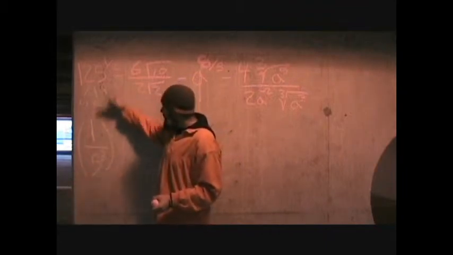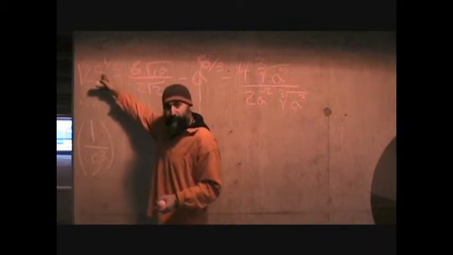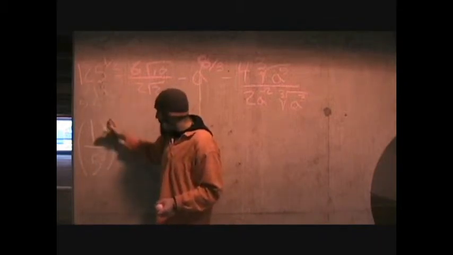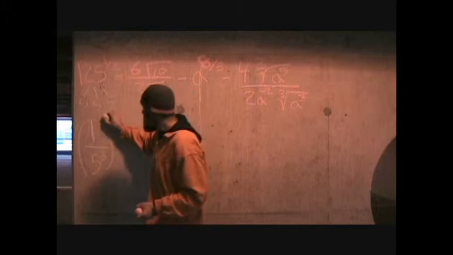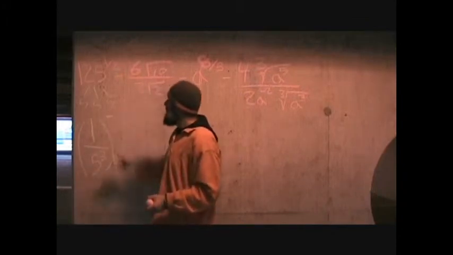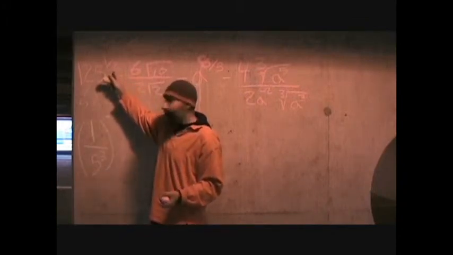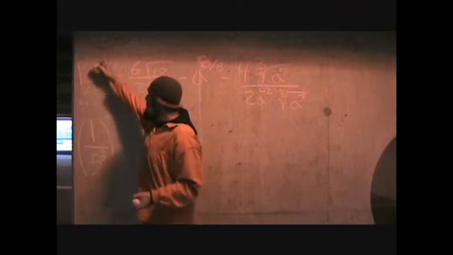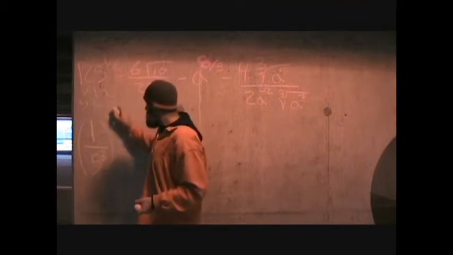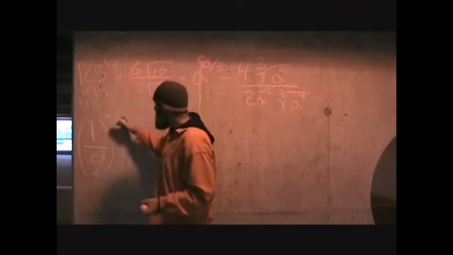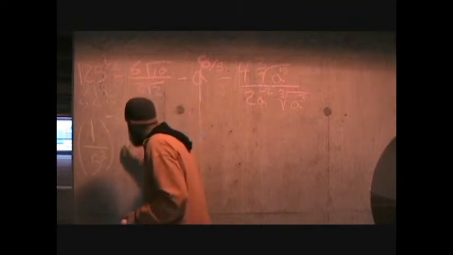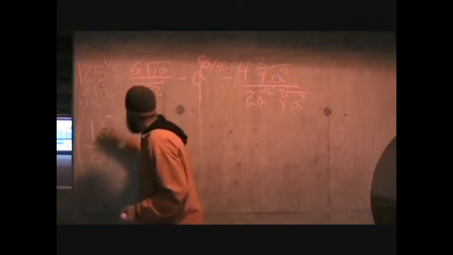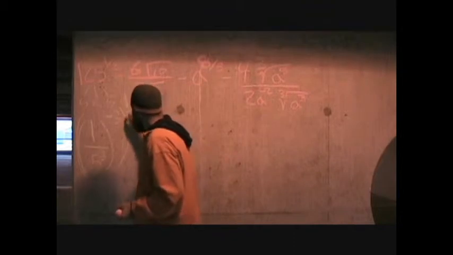Now, because this was in the numerator, I kicked it down to a denominator, I need a negative sign here. So I'm going to create a negative sign. Now, to a power of a half, I'm going to write that as 3 over 6. So I'm going to apply the 3 here, but I'm not going to write the 6 down here. I'm going to take it to a power of 1 over 6.